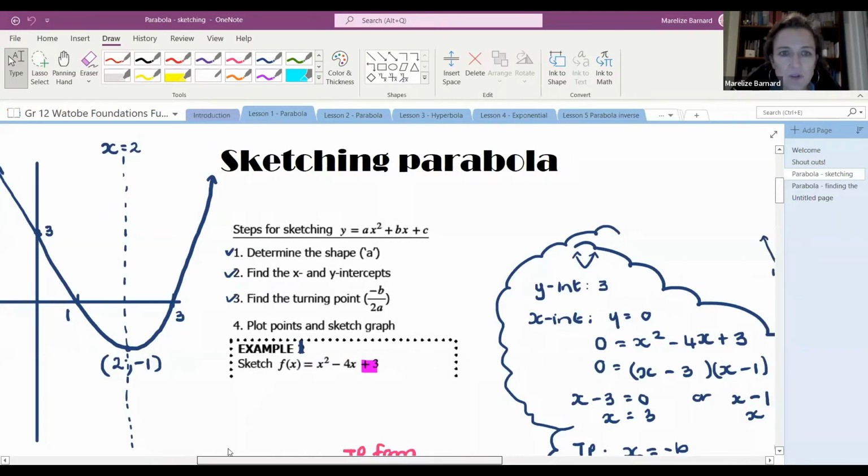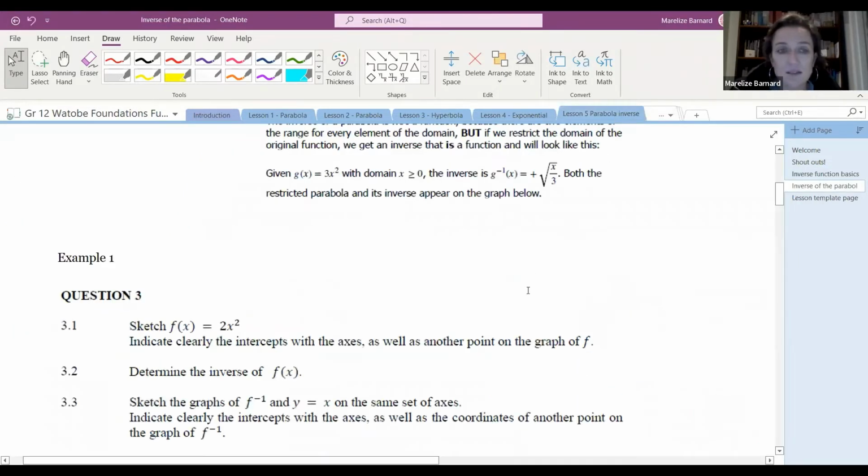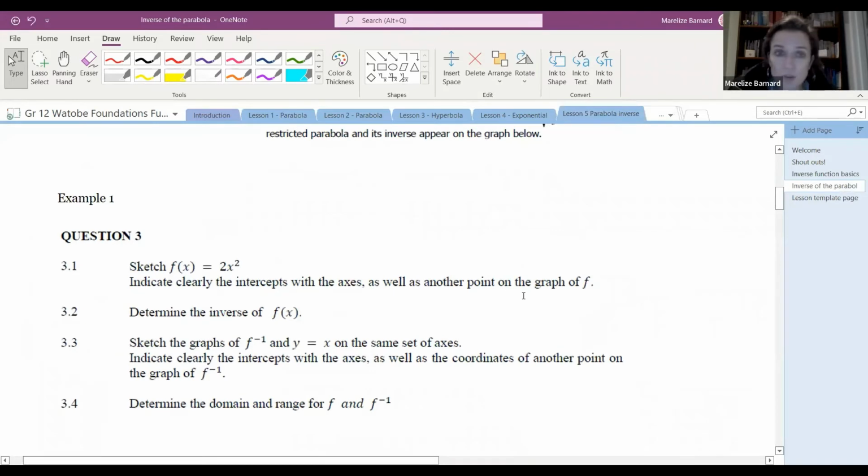We don't have to maybe put so much detail in, because our equation for our parabola is actually quite simple. It's only y equals 2x squared. But just remember shape, x-intercept, y-intercept, where the turning point will be, and that additional point that we have to plot. Now, that additional point is up to you. You choose that point.